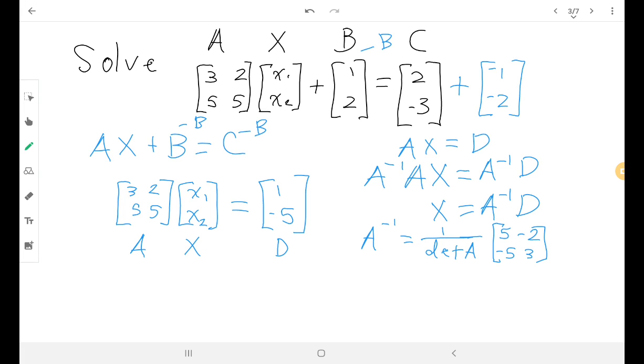So now I got to know the determinant of A. So let's see, the determinant of A, let me do some side work right here.